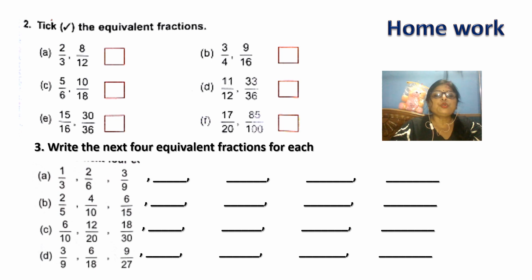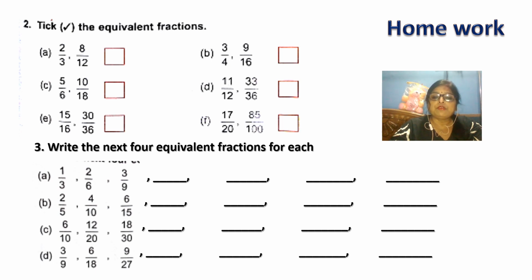Next, question 2. Tick the equivalent fractions. Multiply and then find out whether they are equivalent or not. Already I have discussed the process. Follow the process and check whether they are equivalent or not. Next, same question: write the next 4 equivalent fractions. In the first set, 1 by 3, 2 by 6, 3 by 9 is given.